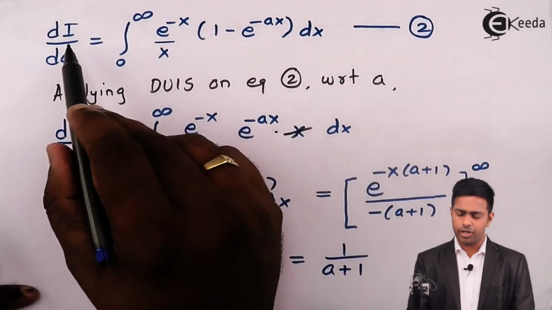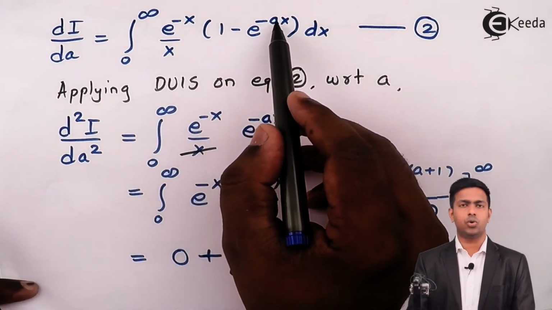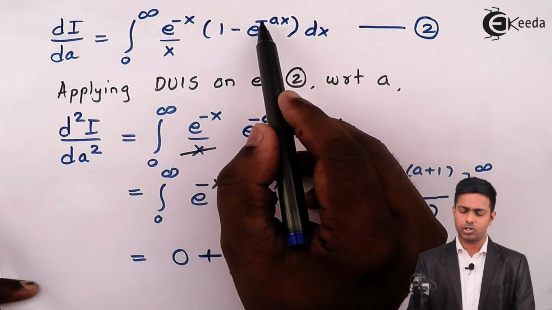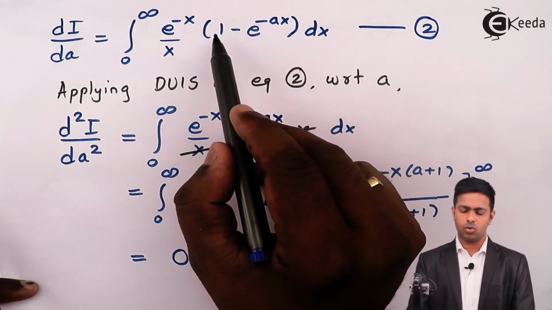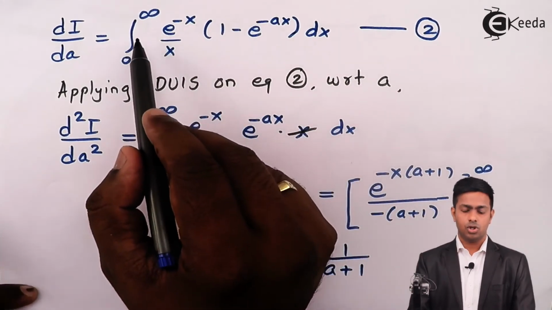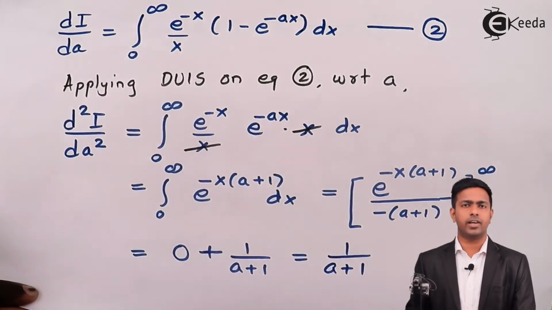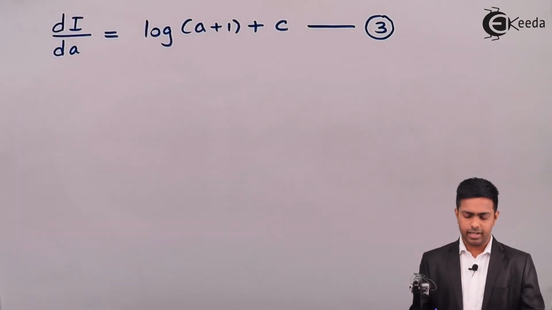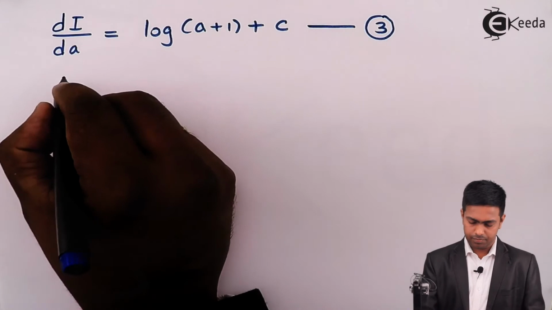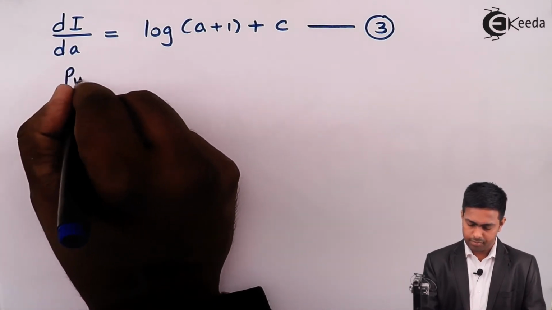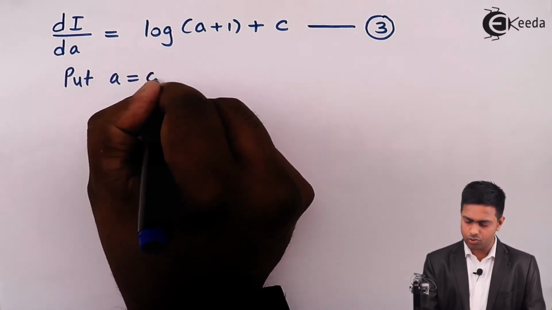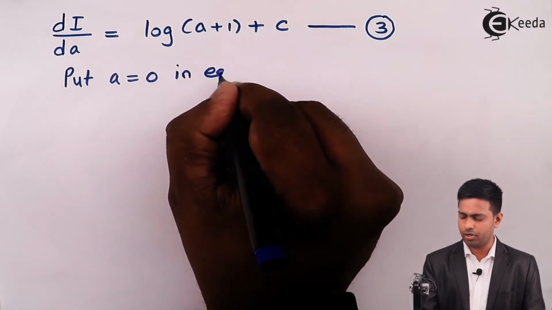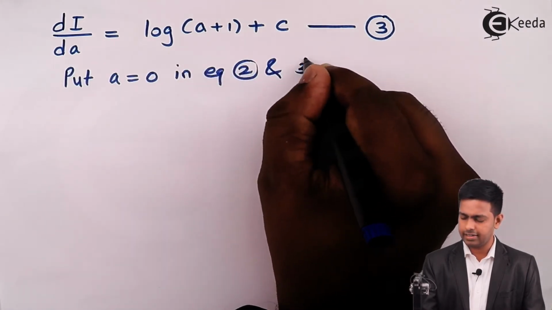So by observing over here, if we put a as 0, then this will become e raised to 0 as 1, 1 minus 1 is 0, and this whole term will become 0. So di by dA can be a finite value. So here I'll say put a equals to 0 in equation number 2 and 3.